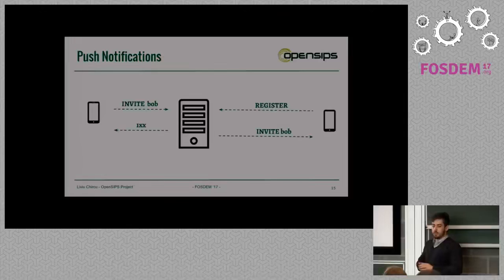The main usefulness of this is to save battery on these mobile devices, because you cannot have them constantly registering to the platform, because they would be drained pretty fast. So SIP is quite expensive from this point of view.